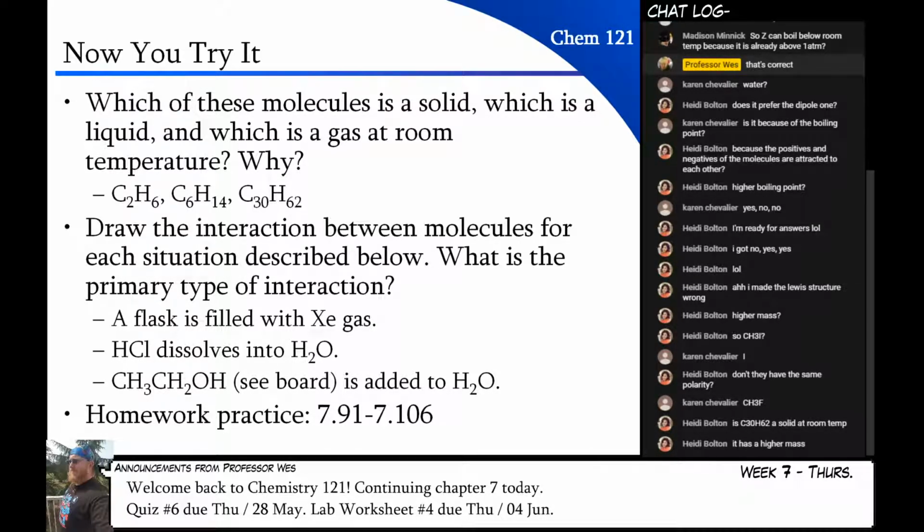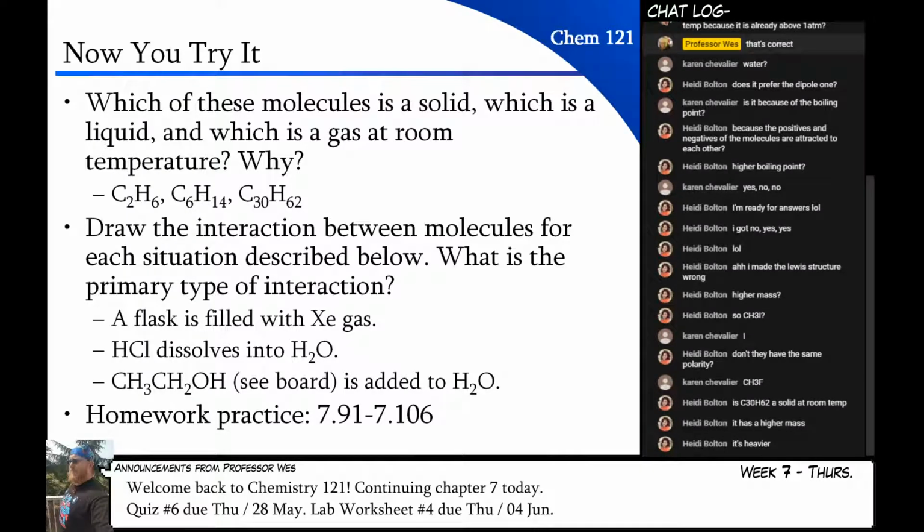Okay, that's a higher mass. So what does that mean? It is heavier. What does higher mass relate to the forces that we talked about today?